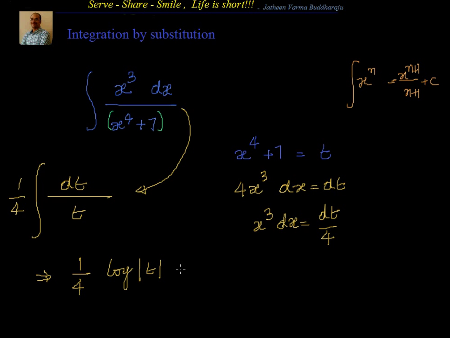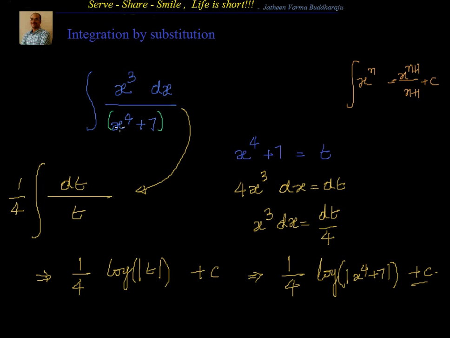Plus c. But what is the value of t? T is x to the power of 4 plus 7. So the answer will be 1 by 4 of log of x to the power of 4 plus 7 plus c. So this is basically the integration by substitution.